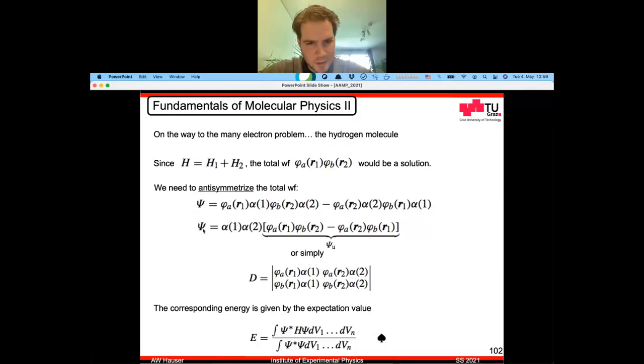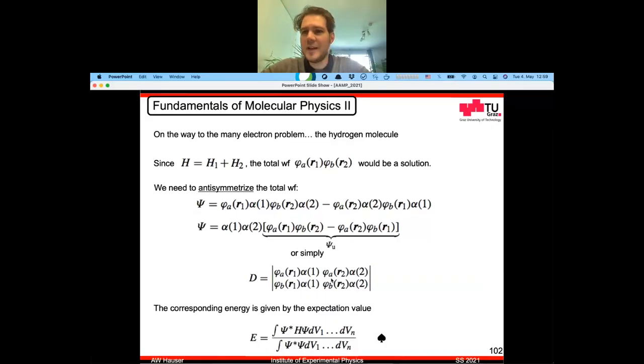We say the wave function psi can also be written as a determinant of this expression. How do we create a determinant? We take the product of the 2 diagonal elements, minus the product of the anti-diagonal elements. So this is, in the case of the 2 electrons, a simple 2 by 2 matrix, which, if you take the determinant, automatically creates an antisymmetric wave function.